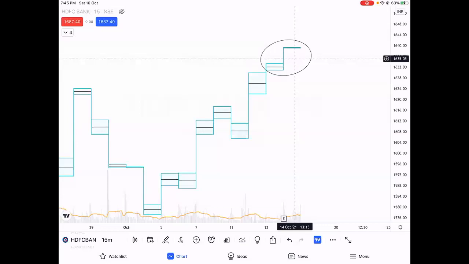Then the second combination can be CPR plus floor pivots, right? Third can be CPR plus Fibo pivots, correct? So you can choose any type of combination according to your convenience, whatever you find to be a perfect or comfortable setup for you, correct?